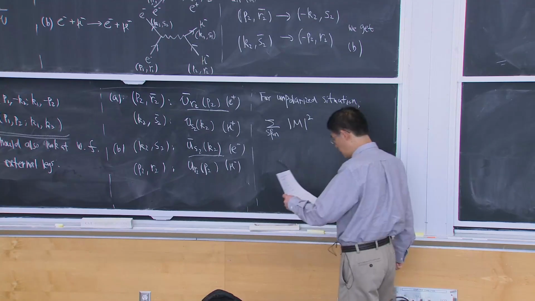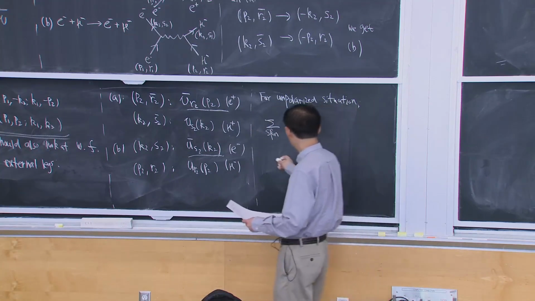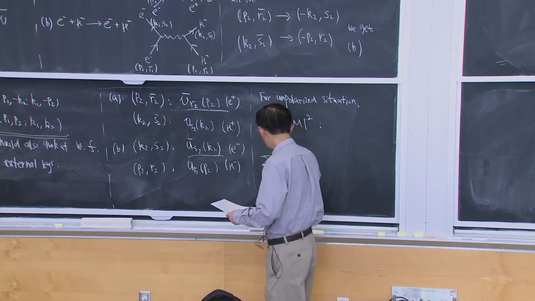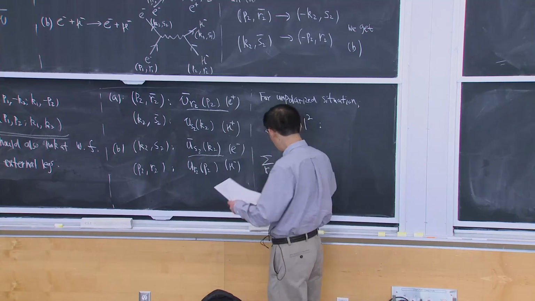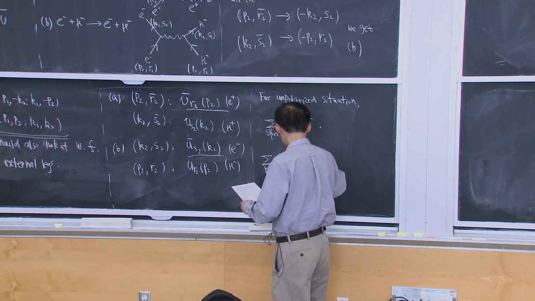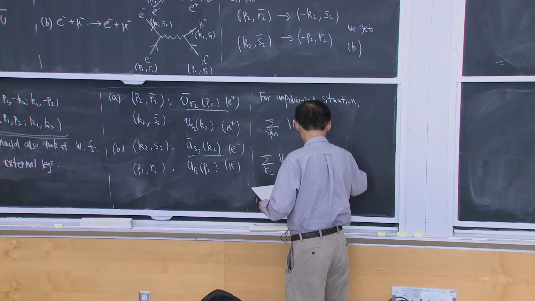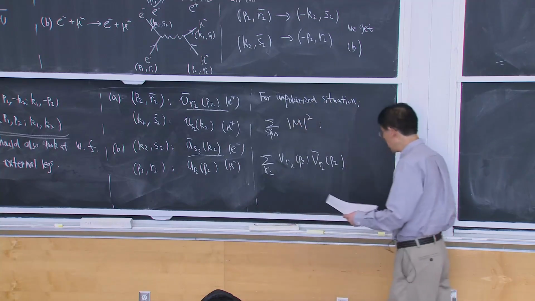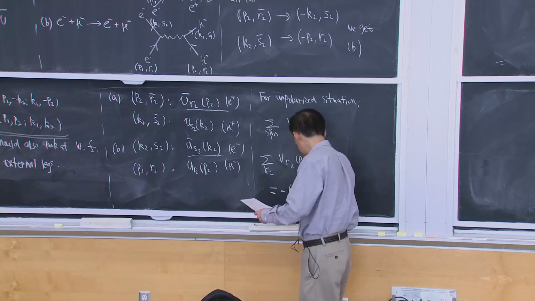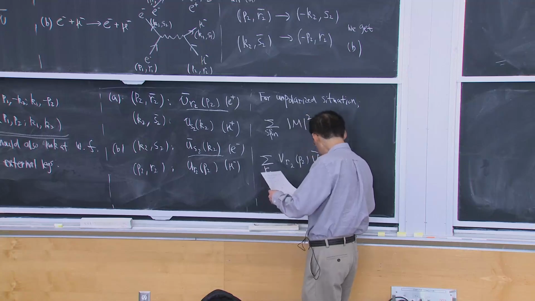For example, when we sum over all the R2, we have a combination like V R2 P2, which is the calculation we did before, and V R2 bar P2. And this will give you just minus i P2 slash plus m of the electron.